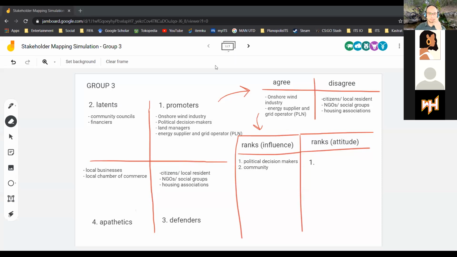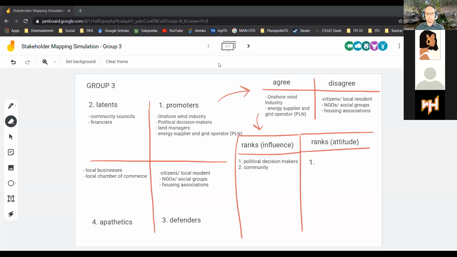So we are from Group T, and we have divided the stakeholders based on the 4 quadrants: the promoters, latents, defenders, and apathetics. The first stakeholder is the onshore wind industry.